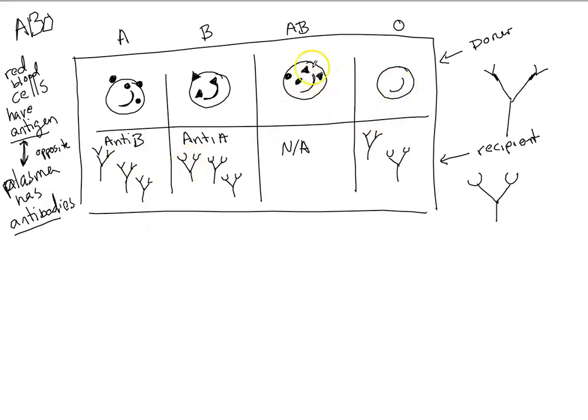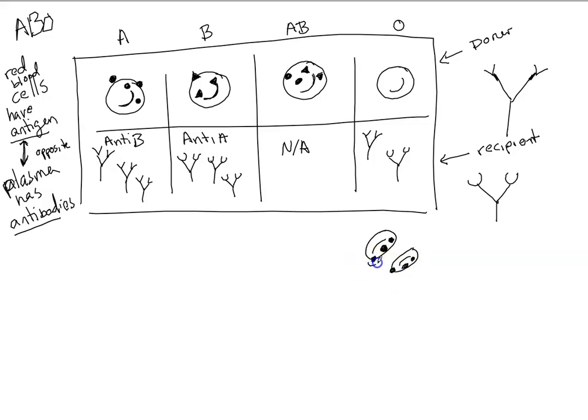But what happens when you put something that is incompatible in together? What if these surface antigens meet anti-A antibodies? What happens is a very specific reaction. So here's a red blood cell with, let's say, A-type antigen. It doesn't matter if it's A or AB for this purpose. And here's another red blood cell with surface A antigens.